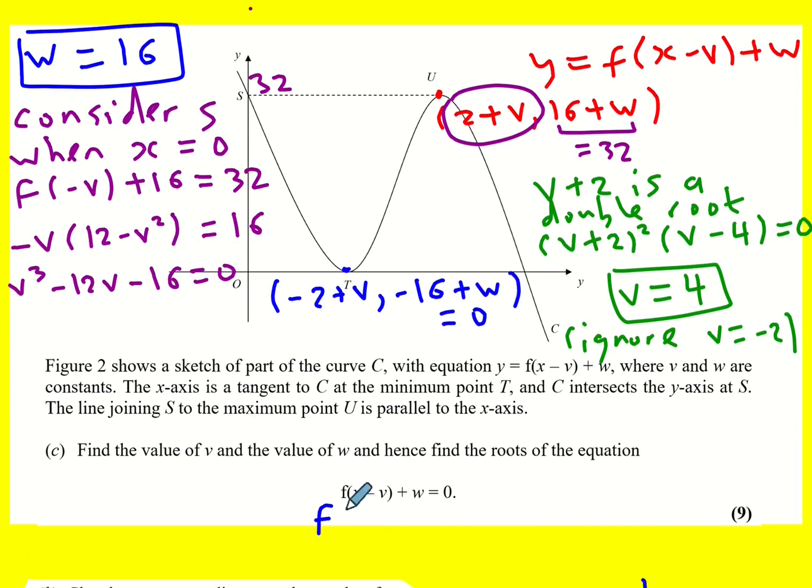Therefore, we're trying to find the roots of this equation, x minus f of x minus 4 plus 16 equals 0. Now, we already have a root, actually, and it's over here. And it's going to be when v is 4, so it's going to be when x is equal to 2. So that's really good. And in fact, that will be a double root. So x minus 2 squared will be a factor.